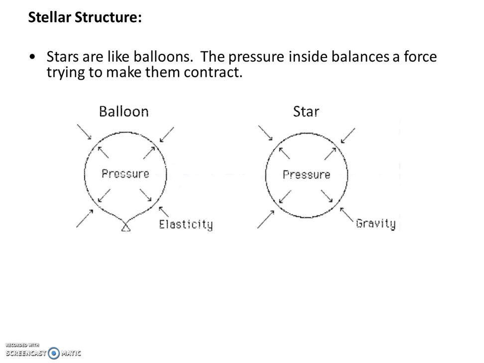In a balloon, you have gas pressure on the inside pushing out against the walls of the balloon, and you have the elasticity of the balloon's stretchy surface trying to make the balloon shrivel up. Okay? With a star, you have gravity trying to make the star shrivel up. Gravity is pulling inward very much the way elasticity is pulling inward in the balloon. Again, what you have is pressure pushing out. The gas pressure pushes outward, and that keeps the star from collapsing in on itself.